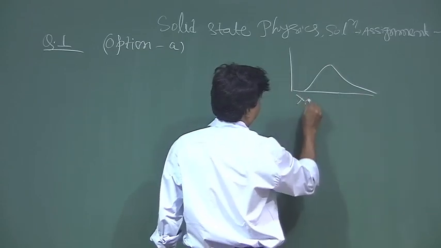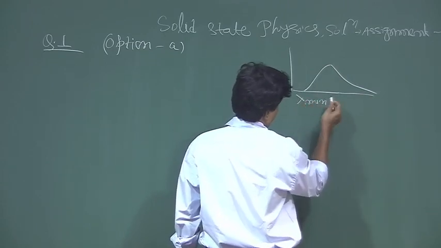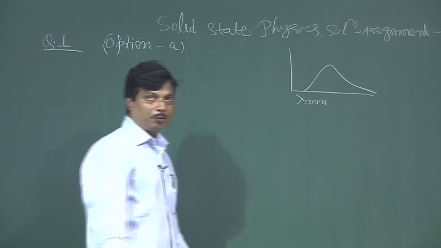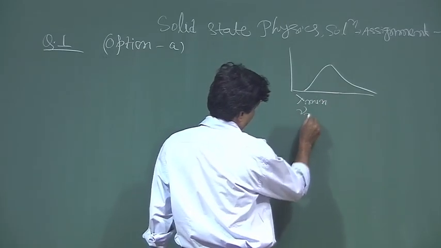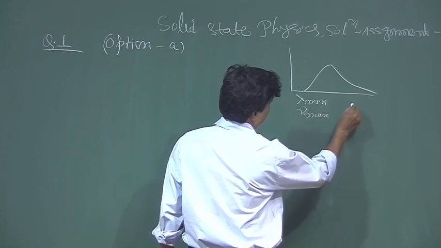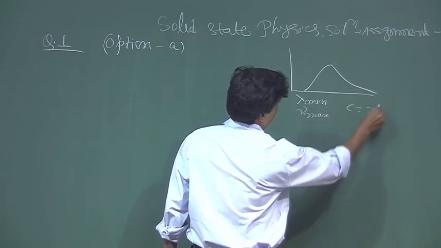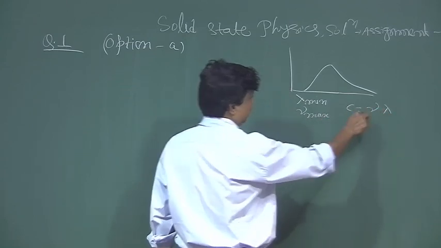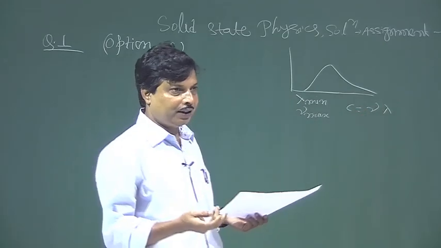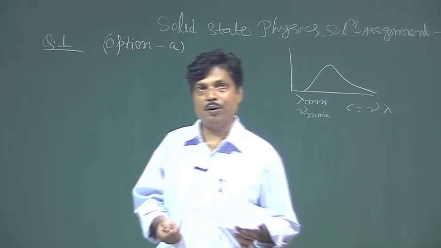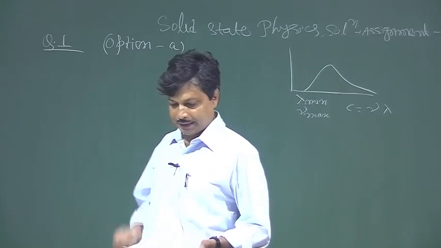This is called lambda minimum. This lambda minimum corresponds to the frequency maximum, because you know that c is equal to nu lambda. So, when lambda is minimum, nu is maximum. Here we have assumed that the entire kinetic energy of the electron converts into this radiation.